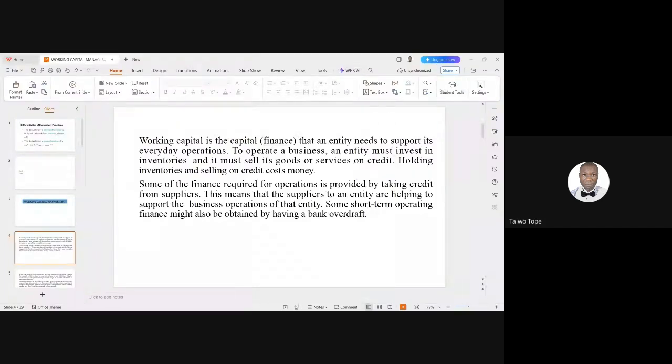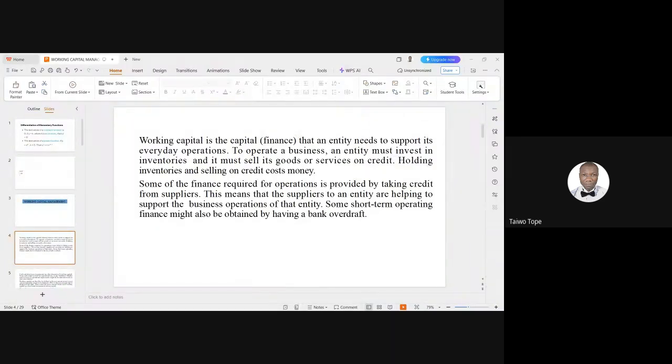So that is what some people do. You understand? It's better I collect my money very fast and use it for more turnover, and slightly delay the payment of my supplier so that I can still have money to run my business. But even as I'm holding their money, I should be reasonable enough to pay them when it is due.